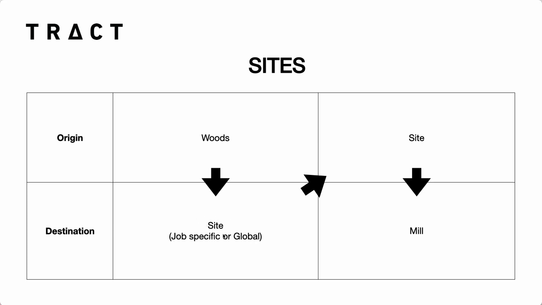And then that site that you choose, we're going to track the inventory for you there. And then when you get ready, you eventually want to deliver. Now your site is the origin, and you want to deliver that to the mill. So it's instead of a 1-2, it's a 1-2-3-4, I guess.